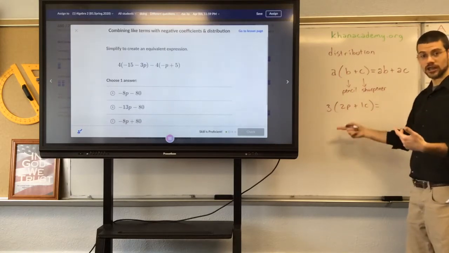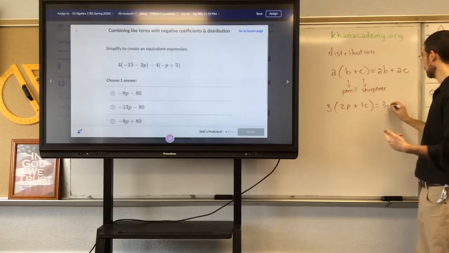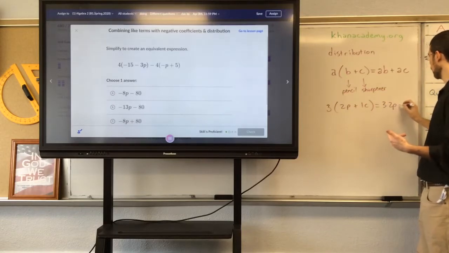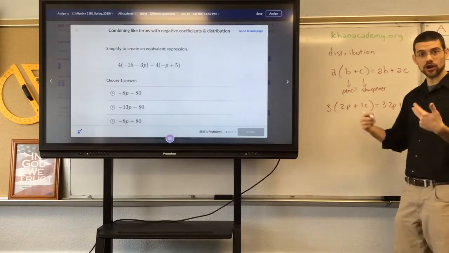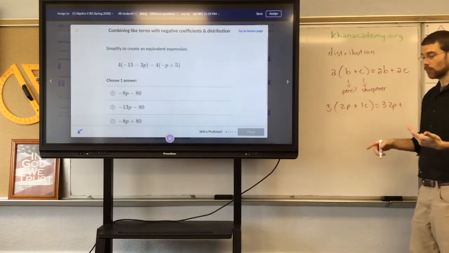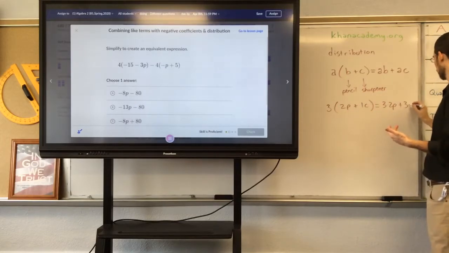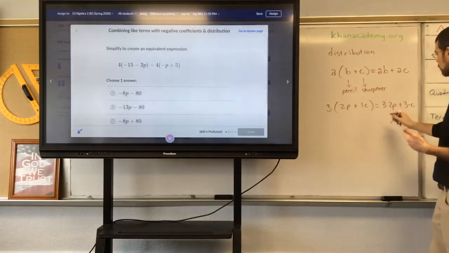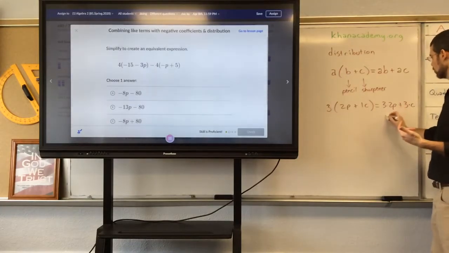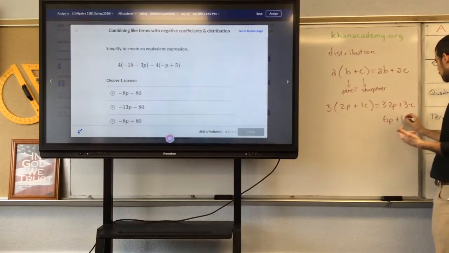Every package contains 2 pencils, so you get 3 times 2 pencils, that's 3 times 2p, and you'd get 3 times as many sharpeners as there are in each package. There's 1 sharpener in each package, so 3 times 1c, or 3 times c, just c, and that would mean, if you simplify, 3 times 2 is 6, 3 times 1 is 3.